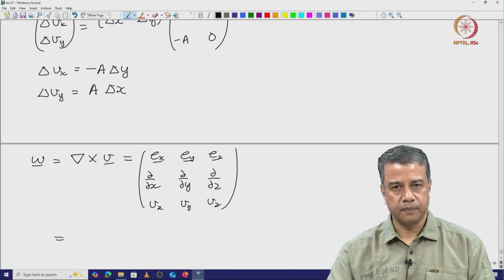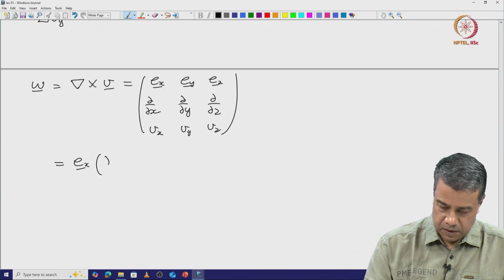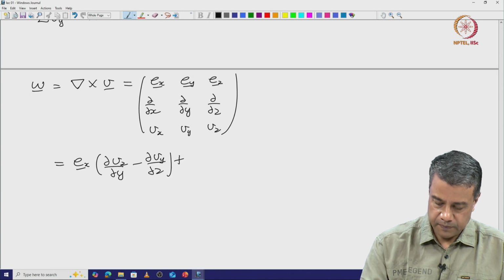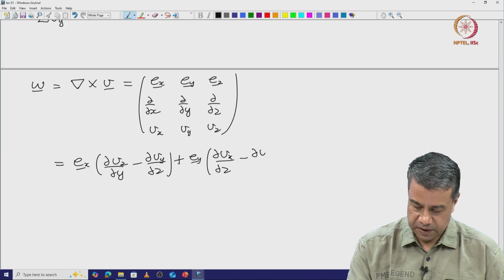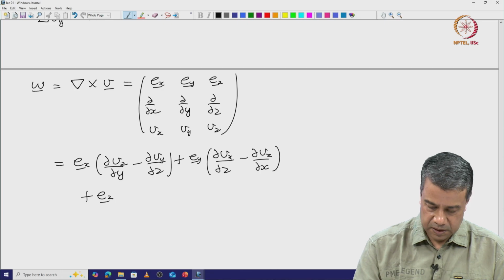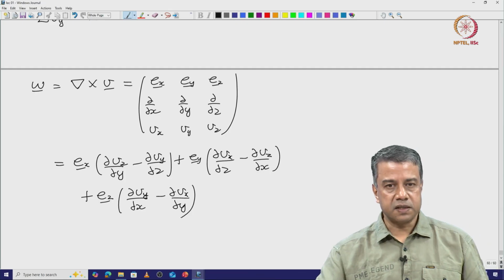So, this is equal to E x into partial V z by partial y minus partial V y by partial z, E y into partial V x by partial z minus partial V z by partial x, plus E z into, that is the curl of the velocity.